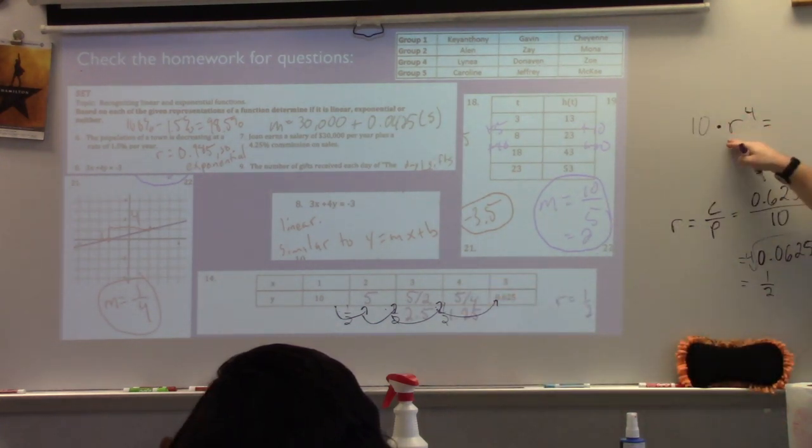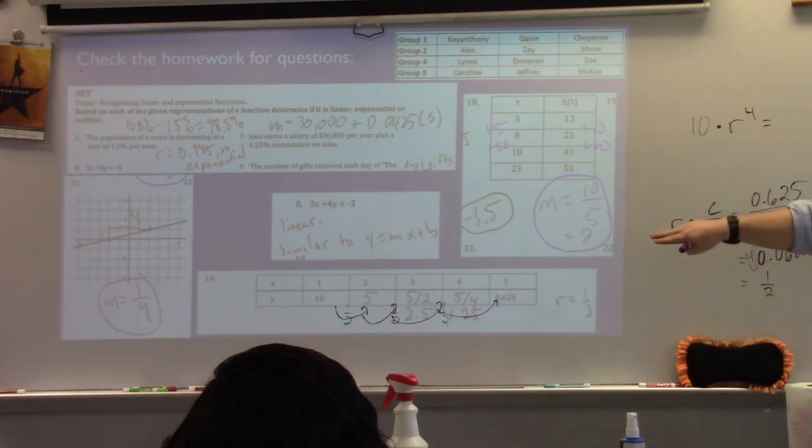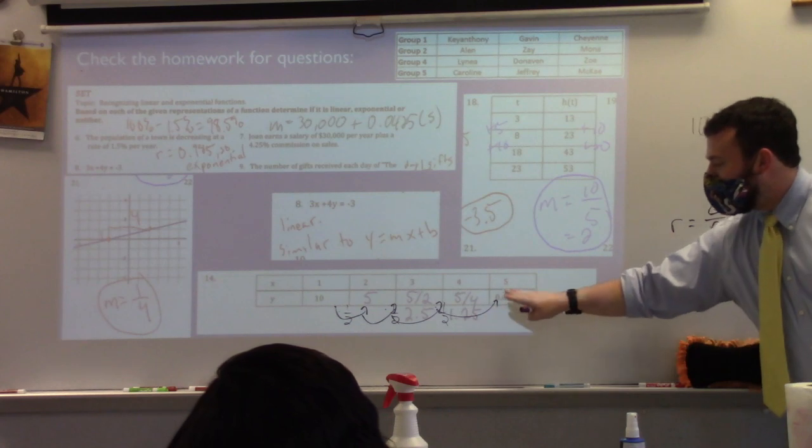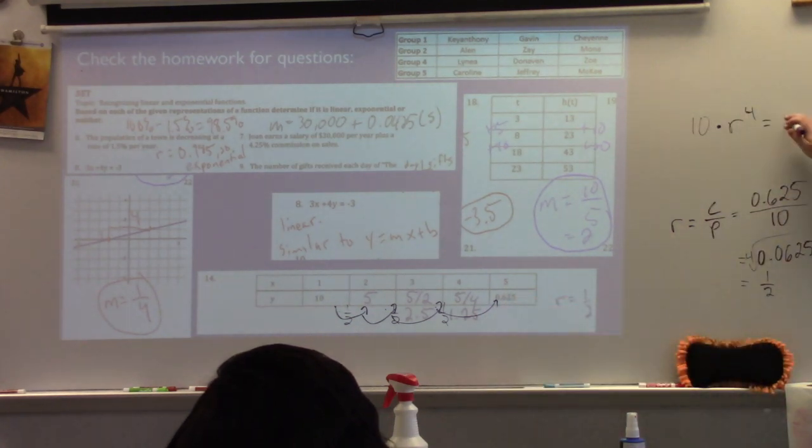And after I multiply by R 4 times, what do I get to? I started at 10, multiplied by my common ratio 4 times, and I ended up at 0.625. So is that an equation that we can now solve?